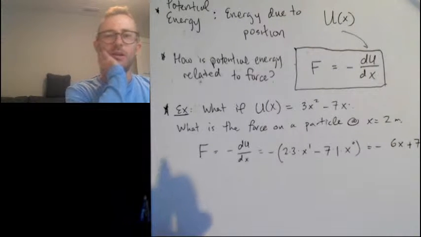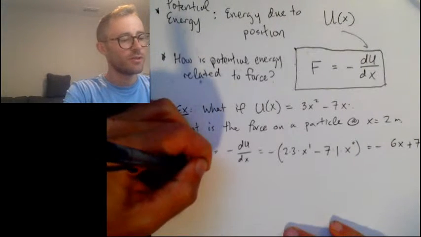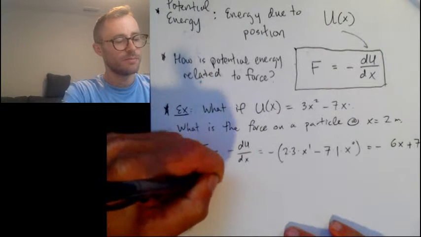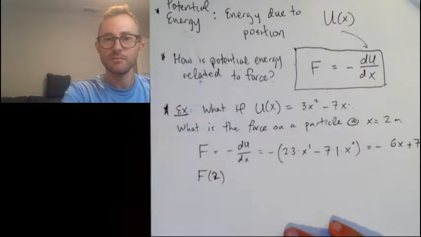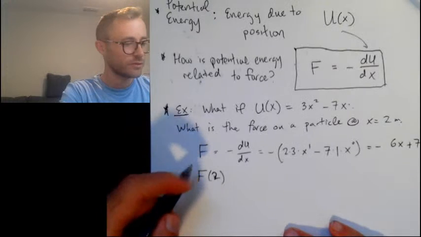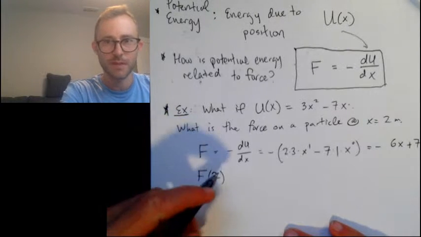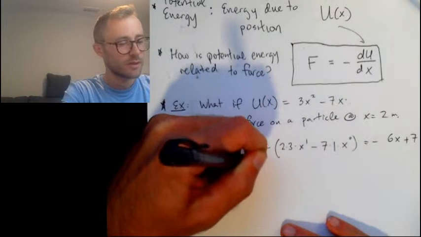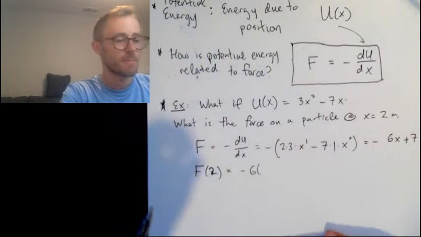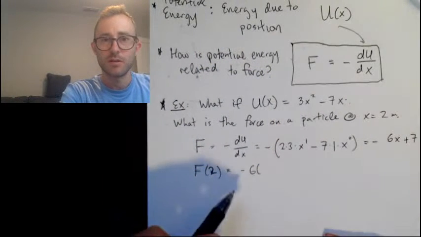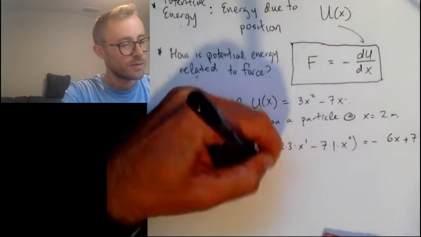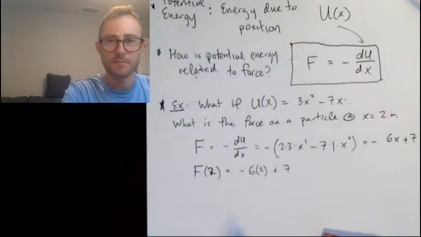Okay? So now we want to know what is the force at x equals 2. F of 2. That's not times 2, it's of 2. So we would plug in minus 6 times 2 plus 7.